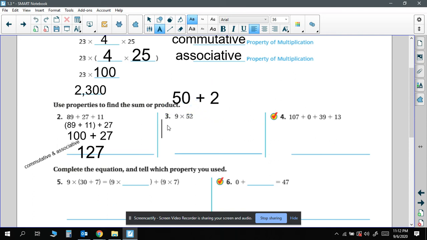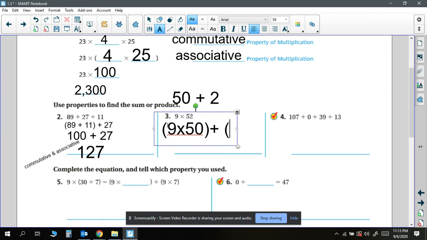So if I do that, I'll take 9 times 50, and I'll put my parentheses here, and then I add 9, because we have to distribute this 9 again. 9 times 2.